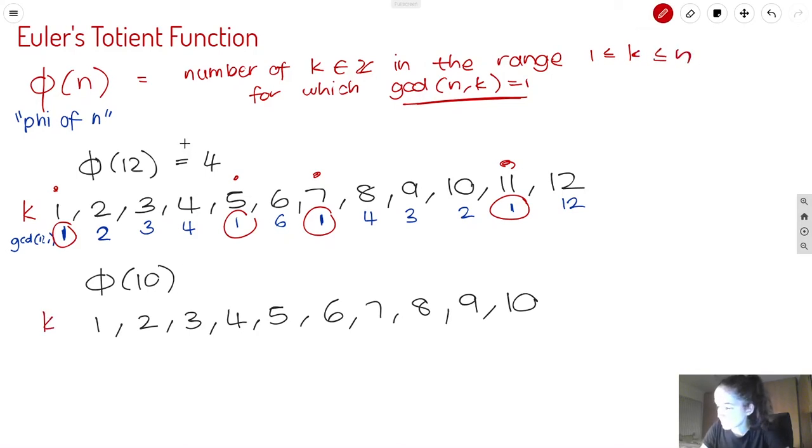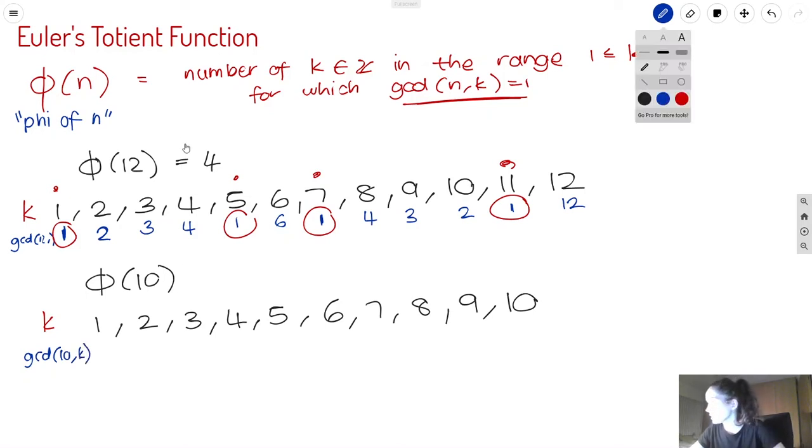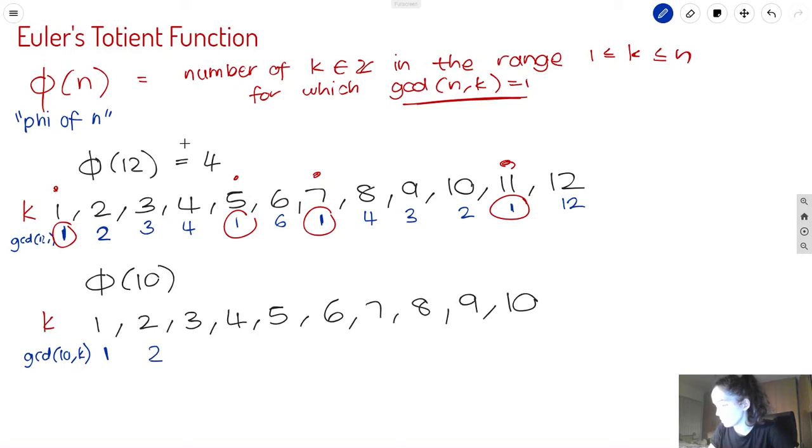So this will be k, and the GCD of 10 and k. If we have 1 and 10, that's going to be 1. 2 and 10 will be 2. 2 will divide both of them. 3 and 10 will be 1. 4 and 10 will be 2. 5 and 10 will be 5.